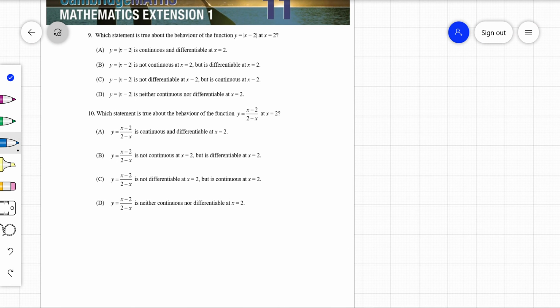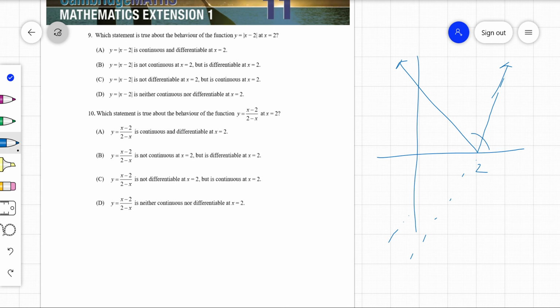Alright, so which statement is true? So think about this one, it's an absolute value, so if I do it really, really badly. So y equals x, and then it's x minus 2 in brackets, so it's actually moved across 2. You could think of it that way, or y equals x minus 2. You could kind of draw it and then reflect the negative up, if you were interested in doing that, whichever way you like.